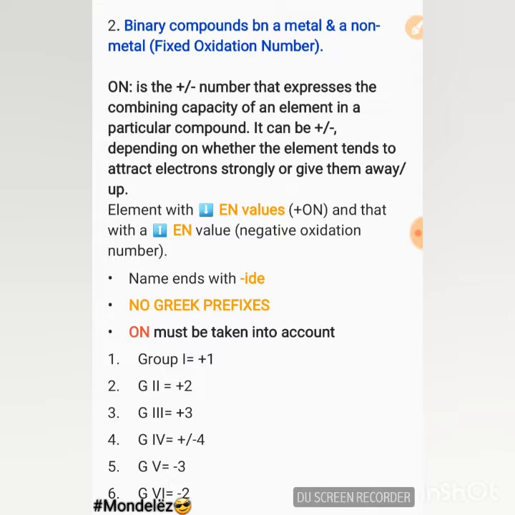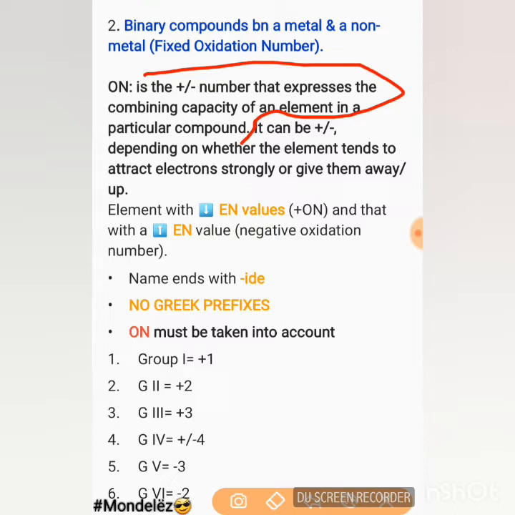With this one, we take oxidation number into account. What is an oxidation number? An oxidation number is a positive or negative number that expresses the combining capacity of an element in a particular compound.